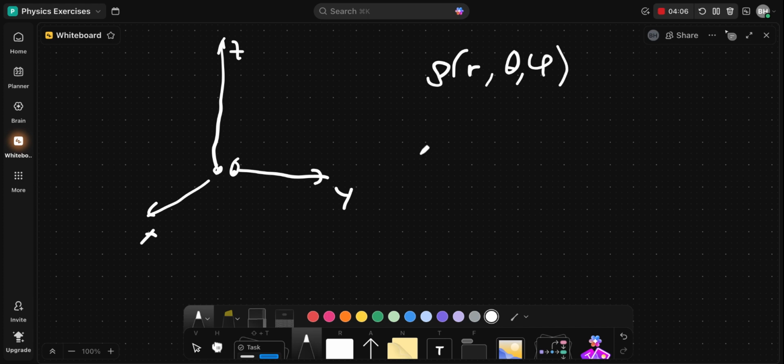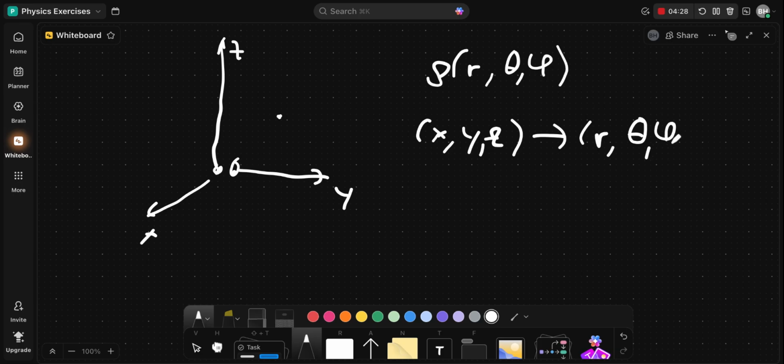To specify a point in the x, y, z coordinate system, you specify it as x, y, z, which are all distances along particular axes in particular directions. But in the spherical polar coordinate system, what you do is specify how far it is from the origin, what angle it makes with the z-axis, and the third angle.